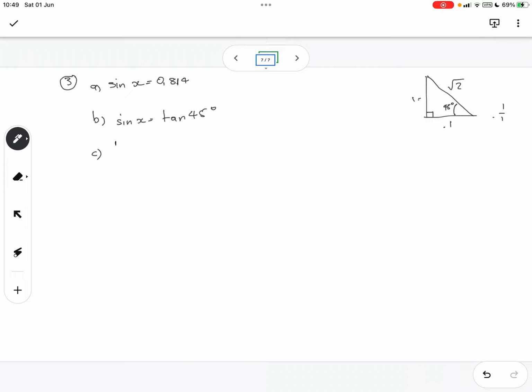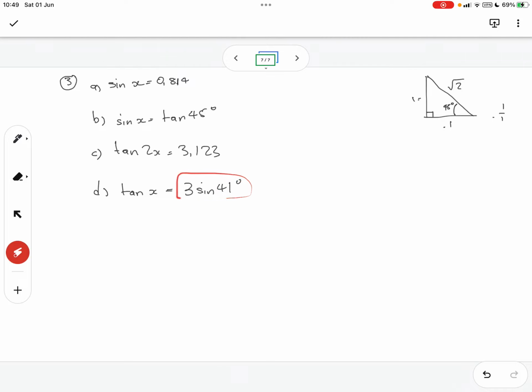All right. The third problem would be tan of 2x equals 3.123. The fourth one would be, oh, there's so much tan here. Tan x equals 3 sine of 41 degrees. This one, we don't really have a special angle for it, but we know that it's going to be an irrational number because we've got an angle that's measurable.